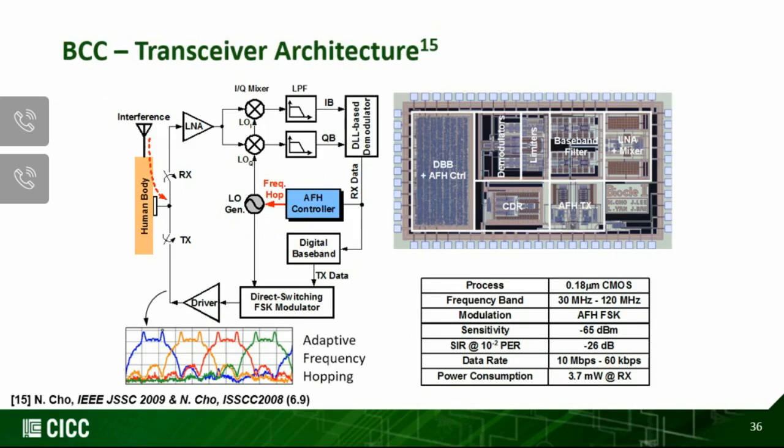This is the BCC transceiver architecture that exploits the direct switching FSK scheme. Conventional FSK modulators are not suitable for a wideband frequency hopping system, as the VCO calibration overhead and limited loop bandwidth in the loop filter limit fast hopping. This will result in high power consumption, especially in the megabits per second region.